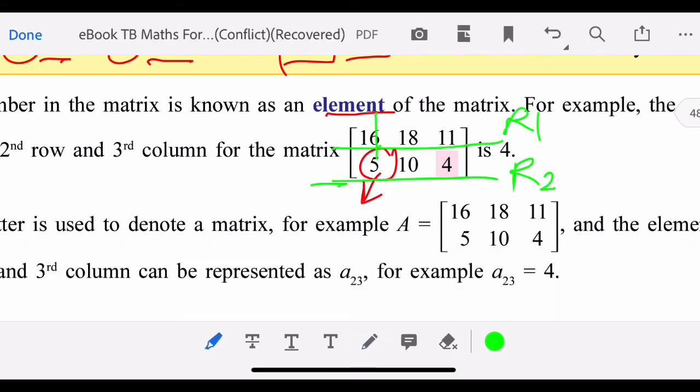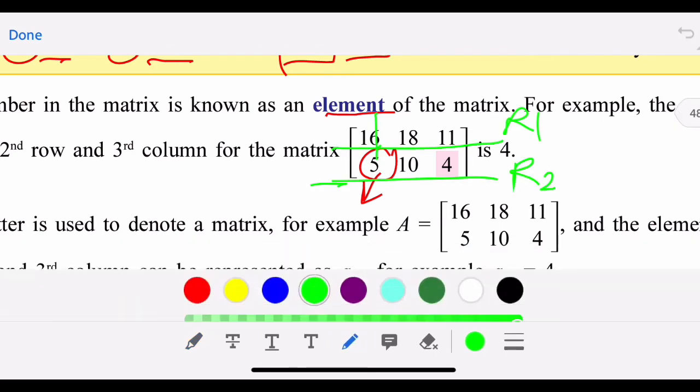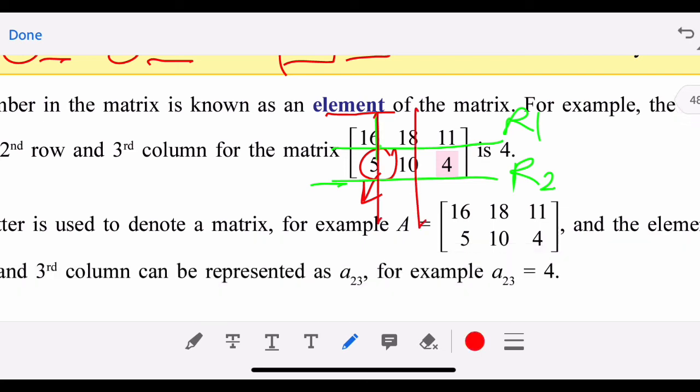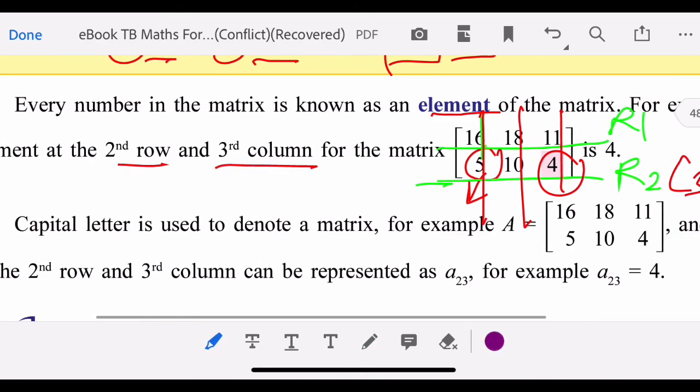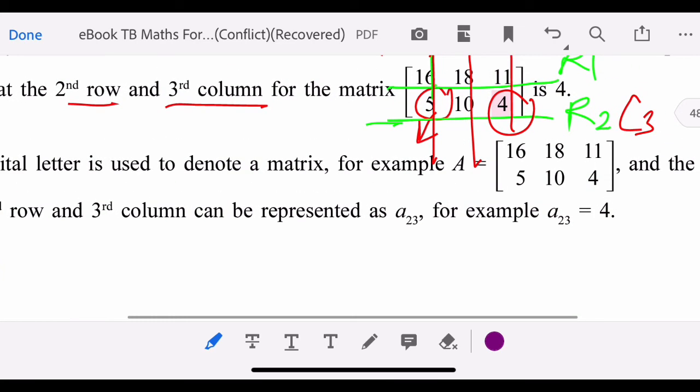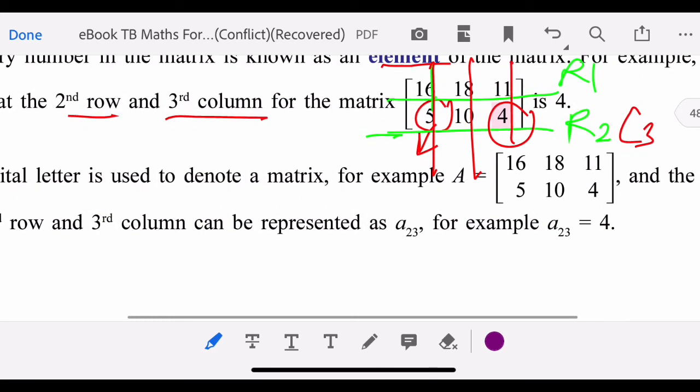The row I use green, and the column I use red. Column 1, column 2, column 3. So the 4 is at row 2, column 3. So when we say second row and third column, that is actually the location or the position of the 4.